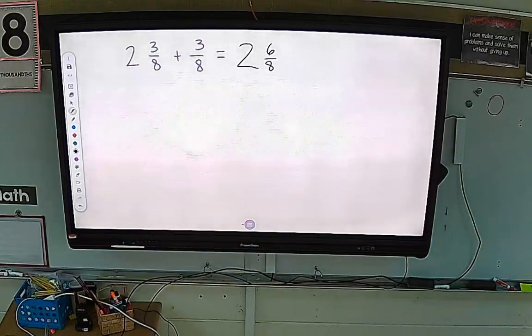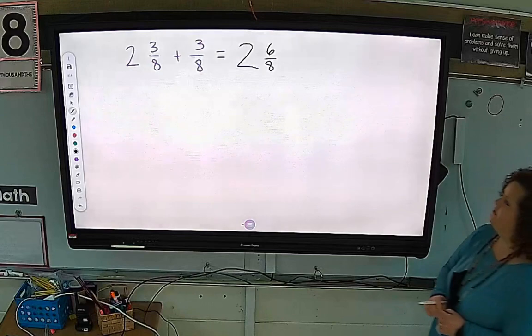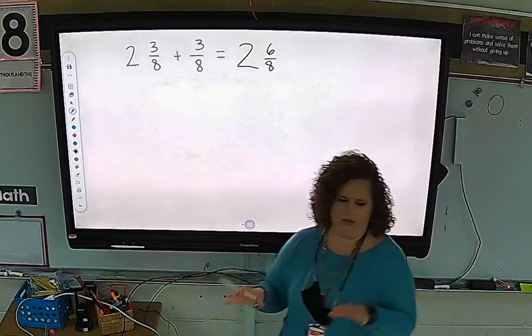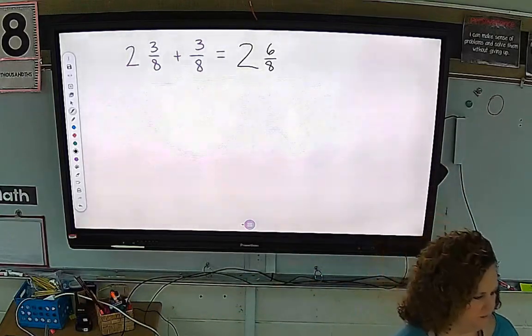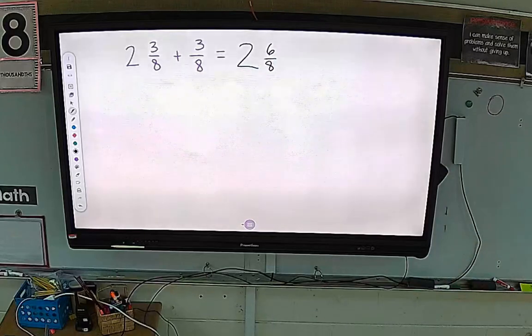The only problem I see you having here, and maybe you can figure it out. Something might happen when you add the fraction pieces. Think what could happen as many fraction problems as we've worked already. What might happen that's going to make you have to do something different towards the end?